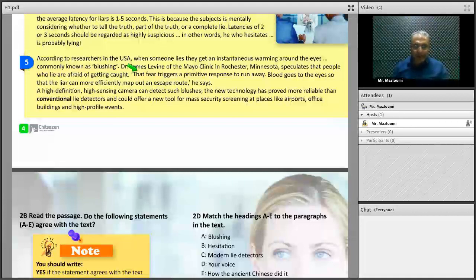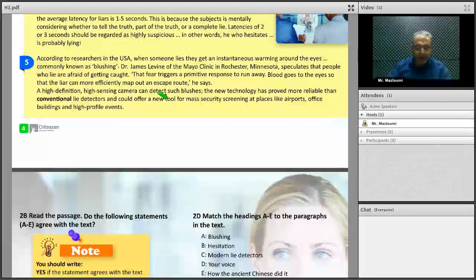So this is more reliable than conventional lie detectors, polygraphs, conventional, traditional, and could offer a new tool, a new device for mass security screening.